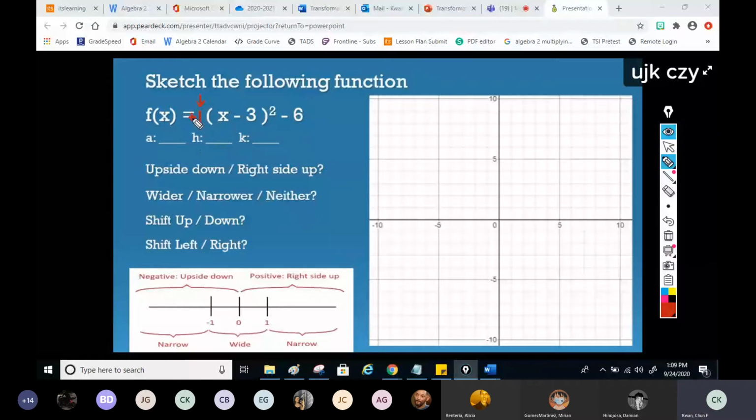So think about when there's nothing, I can just say this is a +1, and then times whatever is inside the parenthesis, all right? So x minus 3 squared. So A, if you don't see a number, is a +1. The H is going to be this number right here. So let's grab the sign as well because it's more convenient that way. And then the K is back here.